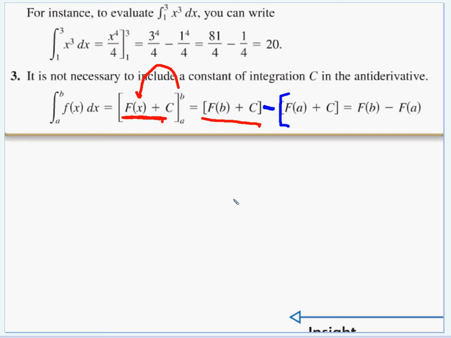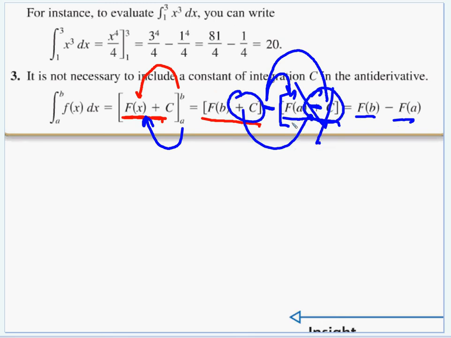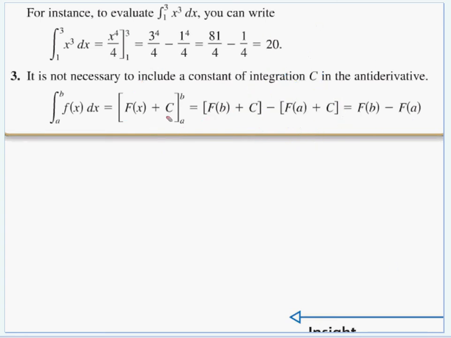We're subtracting this as a group. Our lower limit a jumps in, and now it's F of a plus c. When we distribute this negative, now it's F of b minus F of a, and this positive c is now a minus c. So this negative c and this positive c are going to cancel each other out. There is no longer an unknown arbitrary constant.